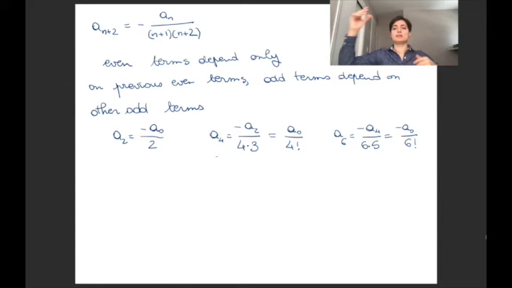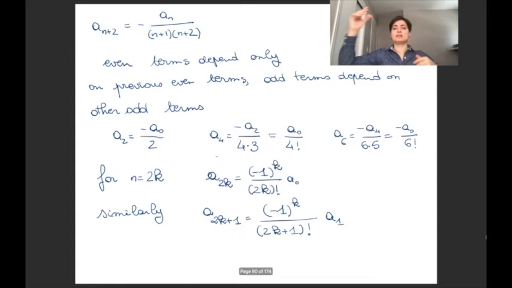And because we know a4, a6 is minus a0 divided by 6 factorial. And we keep on going, and we never need to use the odd terms. So all the even terms only depend on a0 at the end of the day.